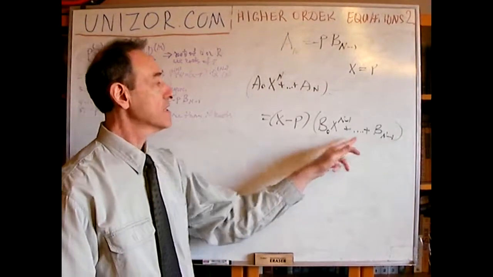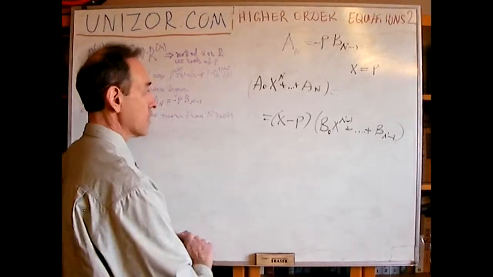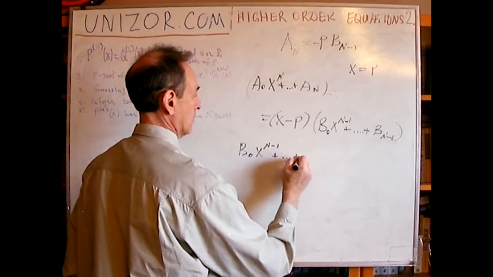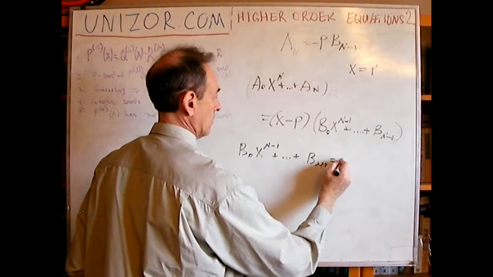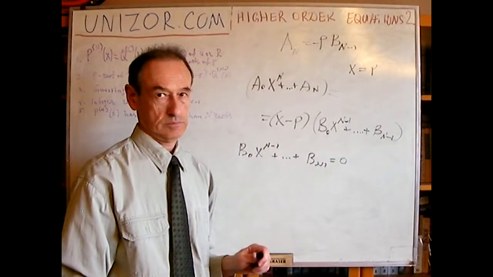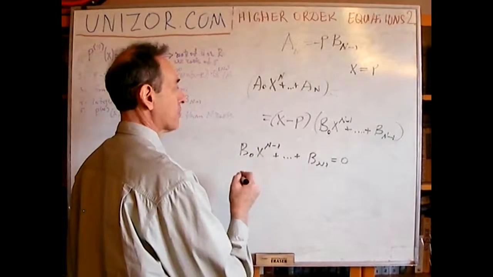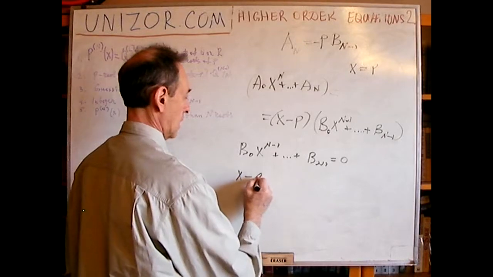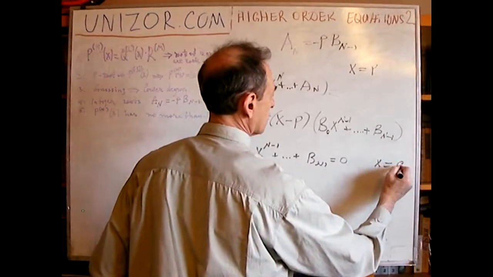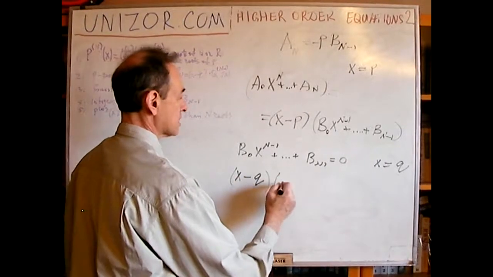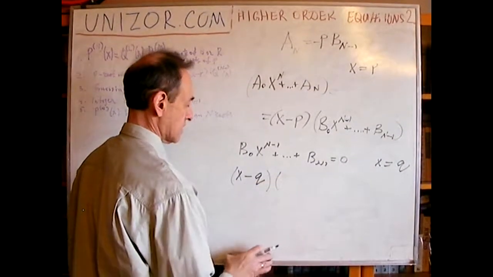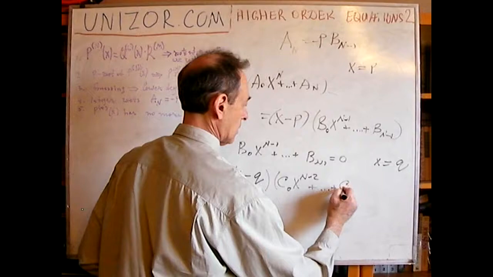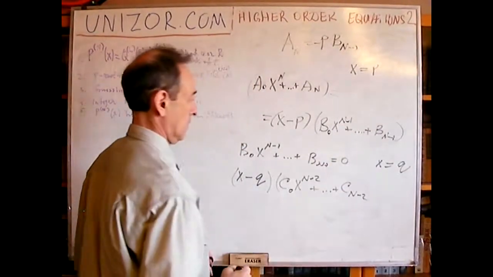Now, if this polynomial b has a solution, let's say x equals q is a solution, then it can be represented as a product of x minus q times another polynomial with coefficients, let's say c_0, and so on, up to x to the n minus 2, right?